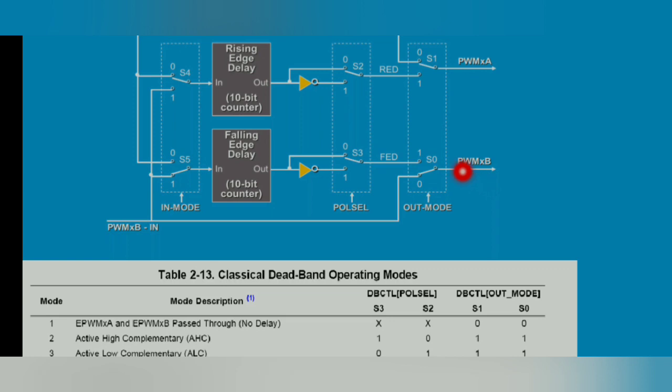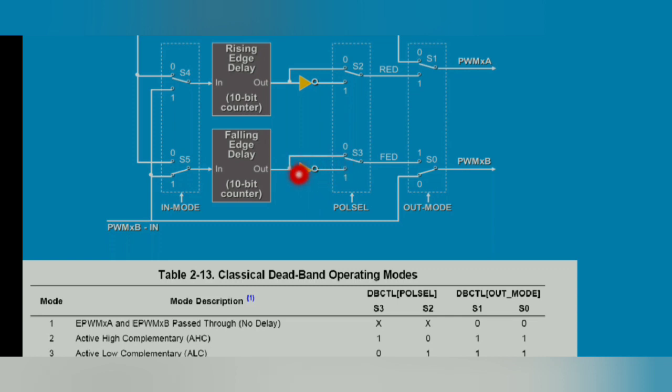When we are keeping S0 as 1 and S1 also as 1, but S3 is 1, S3 is connected to here and S2 is connected to here, so it is directly connected to this rising edge delay block, and it is directly connected to the complementary signals.